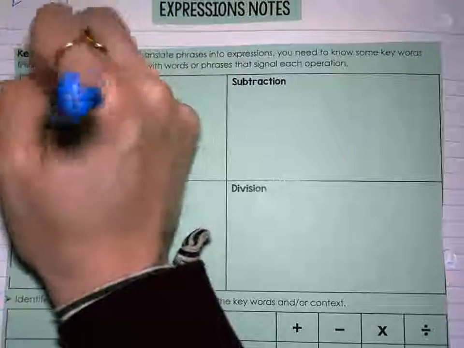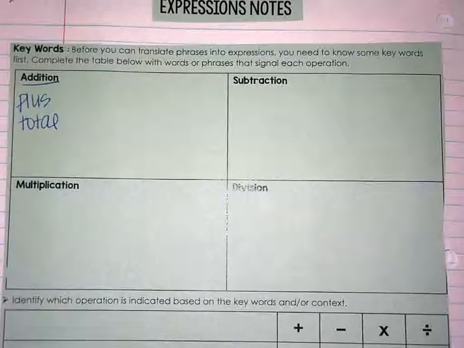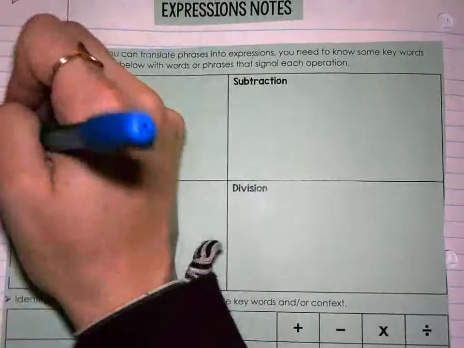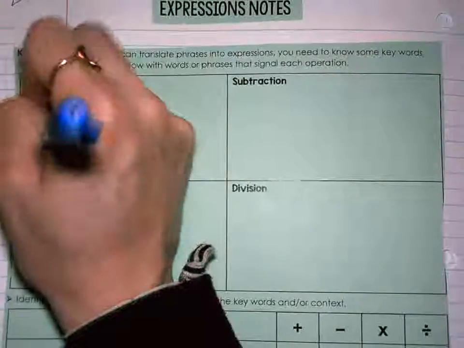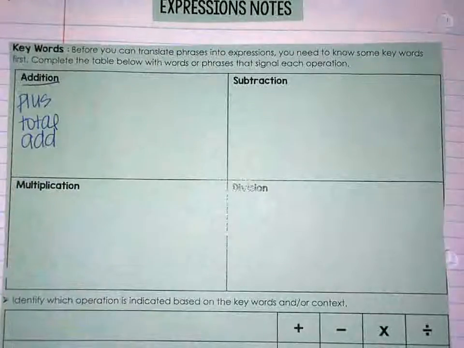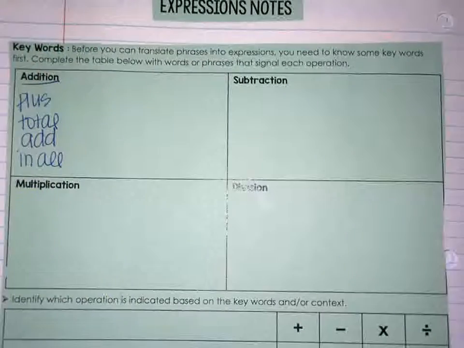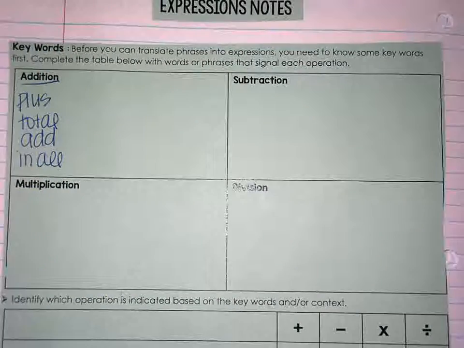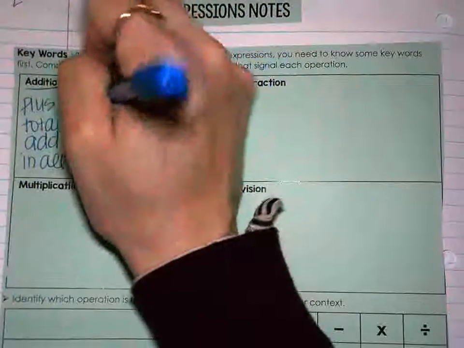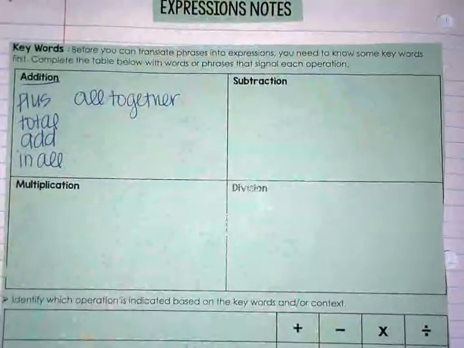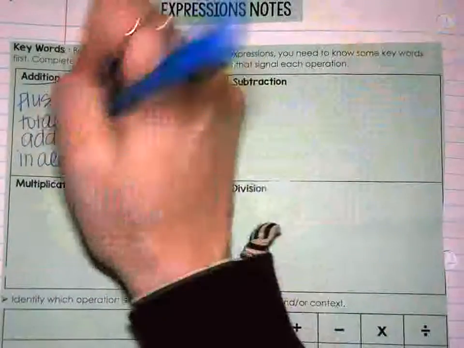Total. What's another word, Ethan? Add. Marin? In all. Natalie? All together. Sienna? Sum.